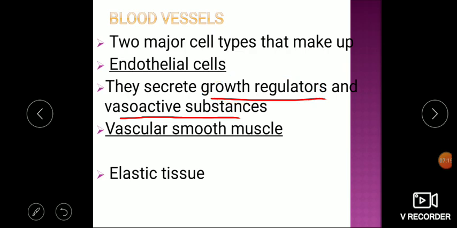This is a great area of research, still a big area where you can work a lot, and there are so many vasoactive substances which lead to vasoconstriction as well as vasodilation. It is a great area of research for hypertension. As I mentioned, hypertension is a global killer. In 90% of patients we don't know what the cause is, so we label this as primary or essential hypertension.